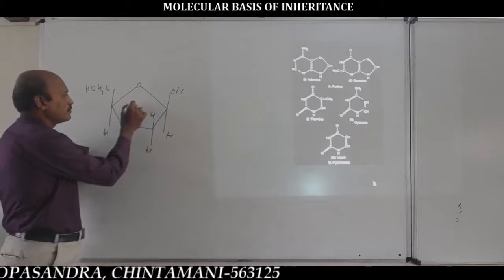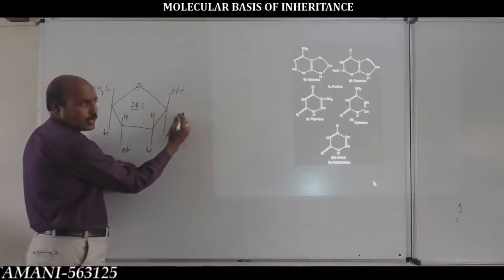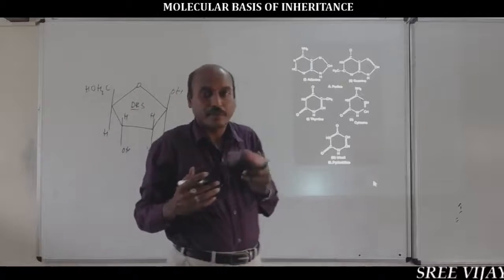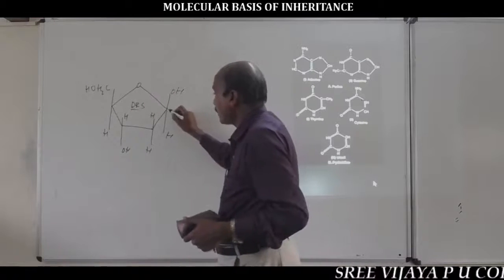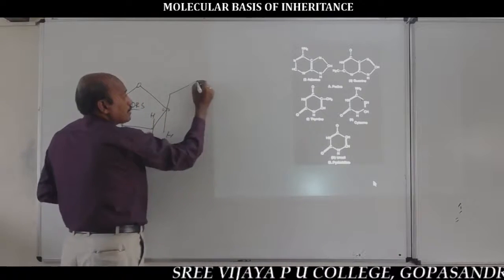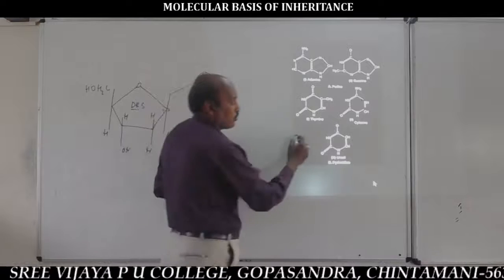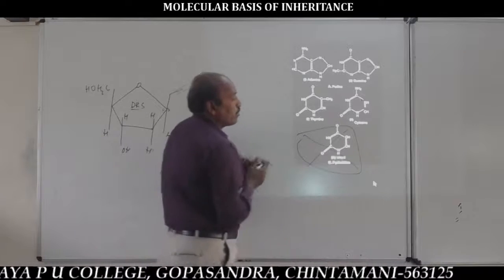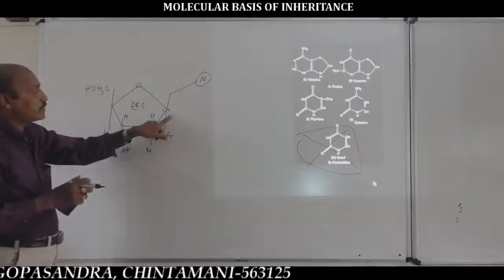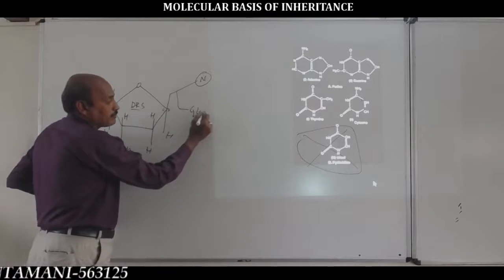To this deoxyribose sugar, a purine base, for example adenine or guanine, binds at the first carbon atom of the pentose sugar. Any one of the nitrogen bases binds to the first carbon atom of the pentose sugar through a glycosidic bond.